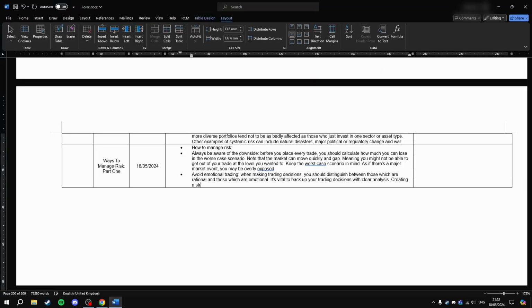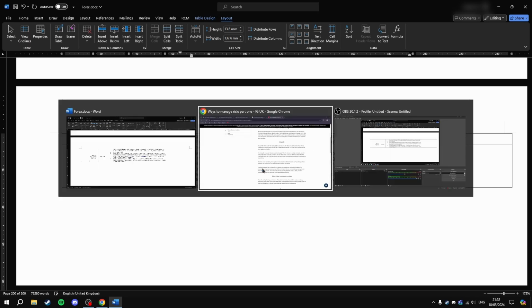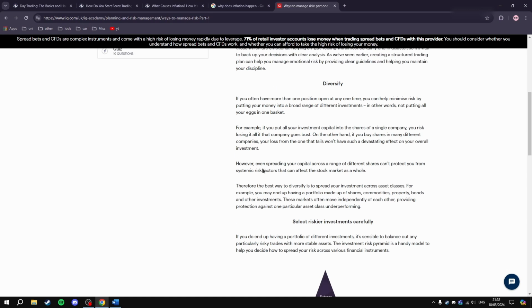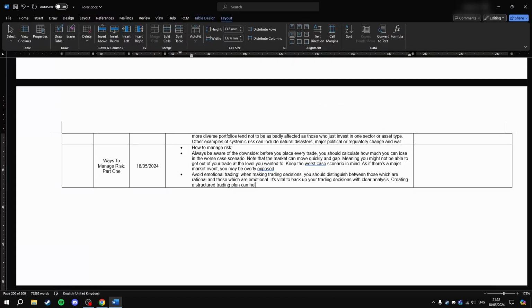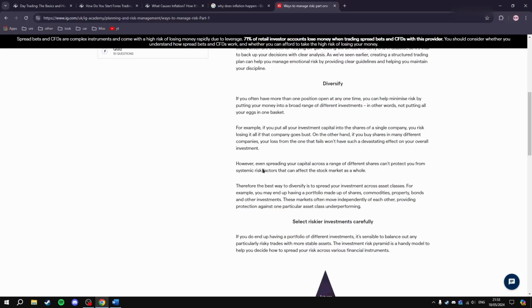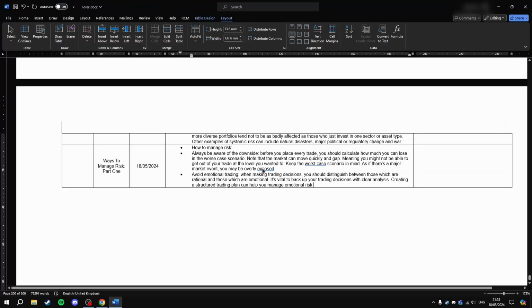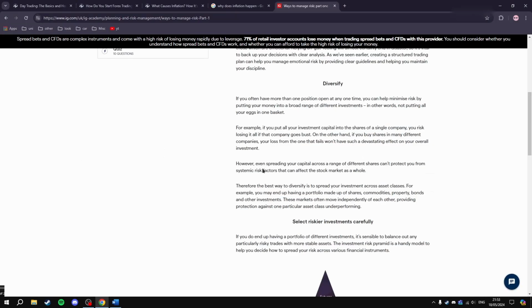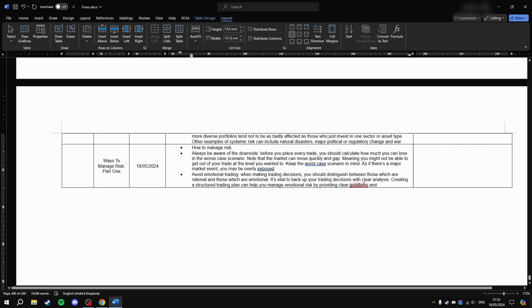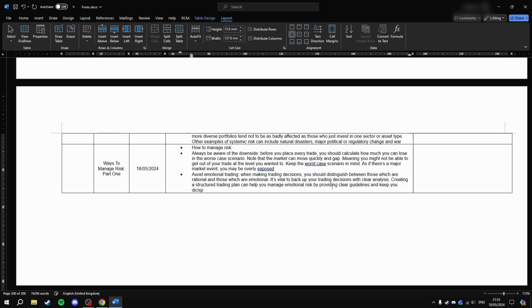Creating a structured trading plan can help you manage emotional risk by providing clear guidelines and keep you disciplined.